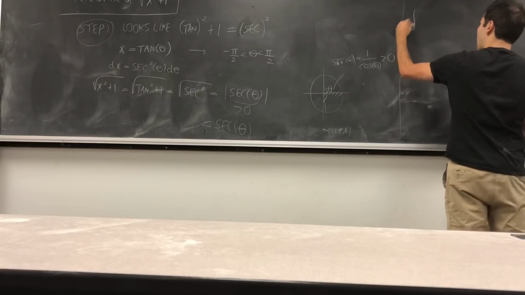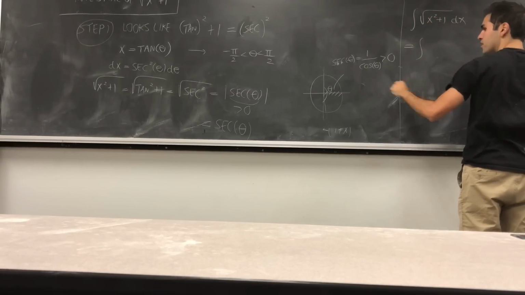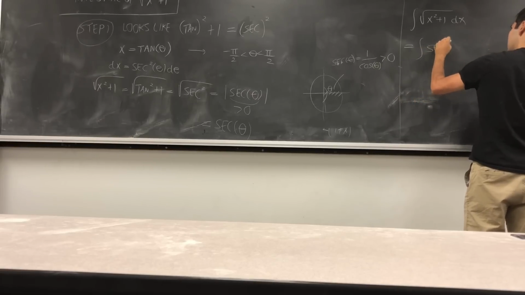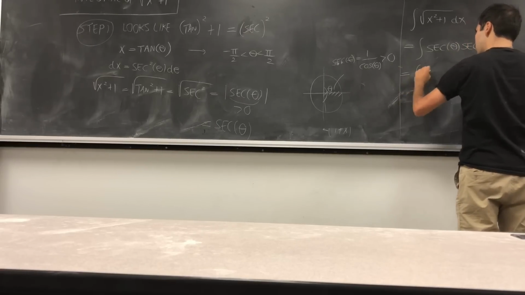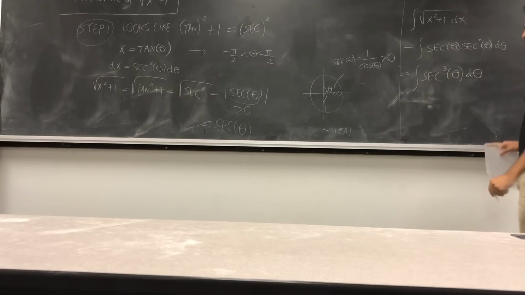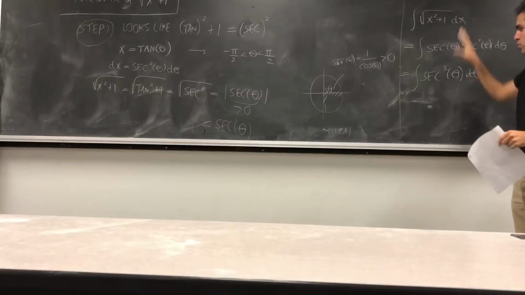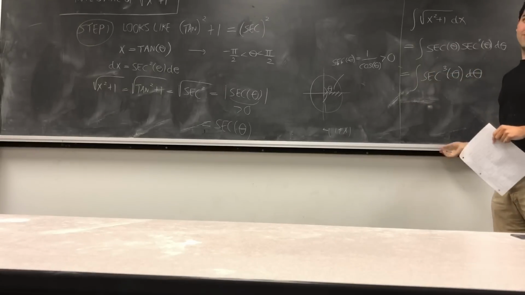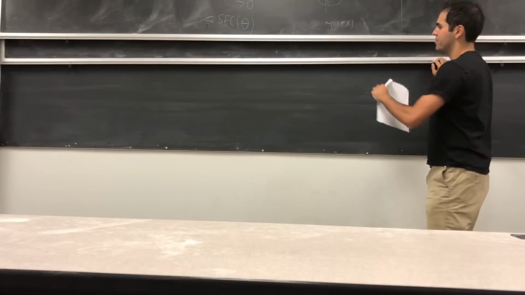And therefore, our integral of the square root of x squared plus 1 dx becomes the integral of secant of theta, and then dx becomes secant squared of theta d theta, and that becomes the integral of secant cubed theta d theta. In other words, great, using a trig substitution, we removed the square root, but then we're left with this very ugly integral. And now let's calculate that very ugly integral.